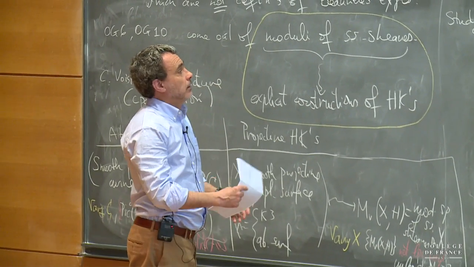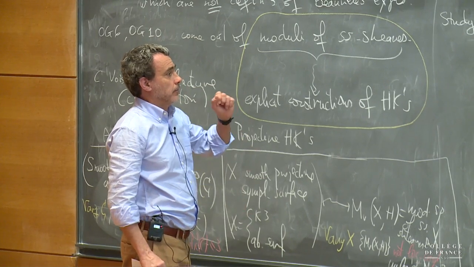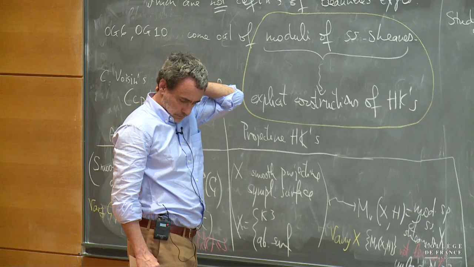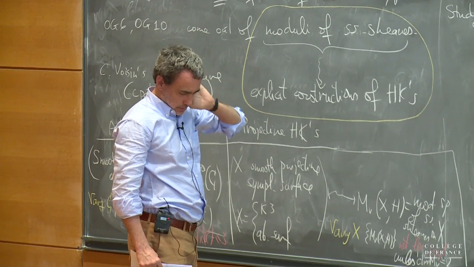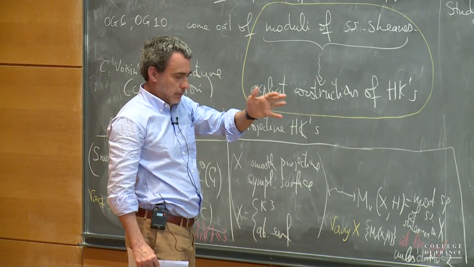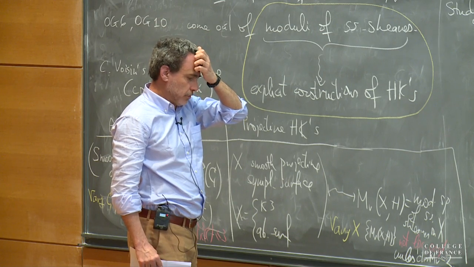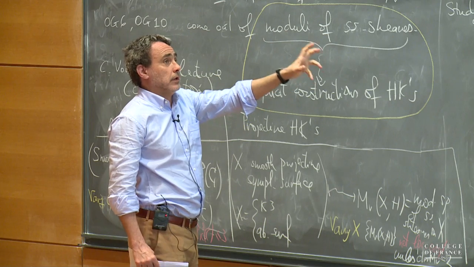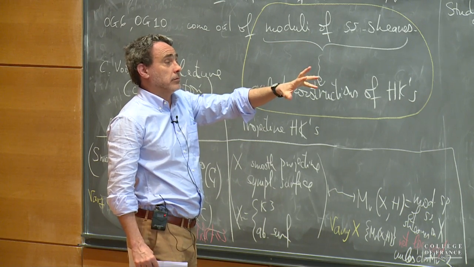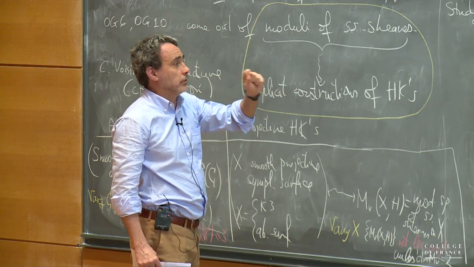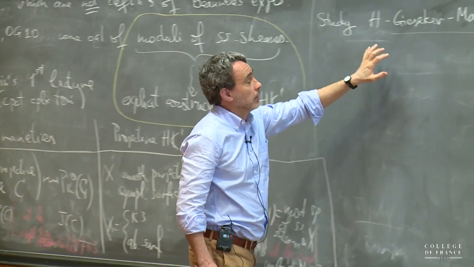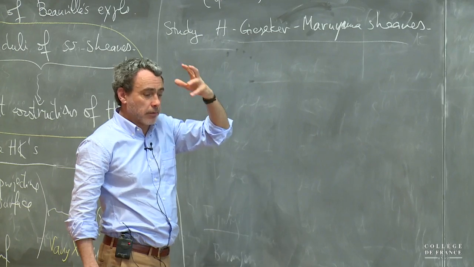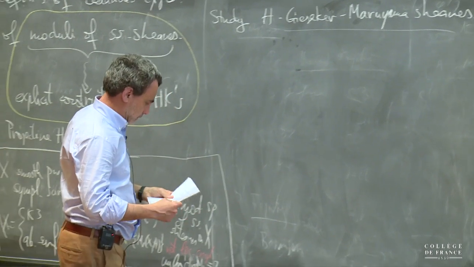Because if you want to consider, say, locally free sheaves modulo isomorphism, if the rank is at least 2 and you don't put some condition, you'll get a non-Hausdorff space, you don't get a bounded family and so on. So this is a condition that allows you to get a bounded family, and so you get a projective moduli space. I'll recall this later.